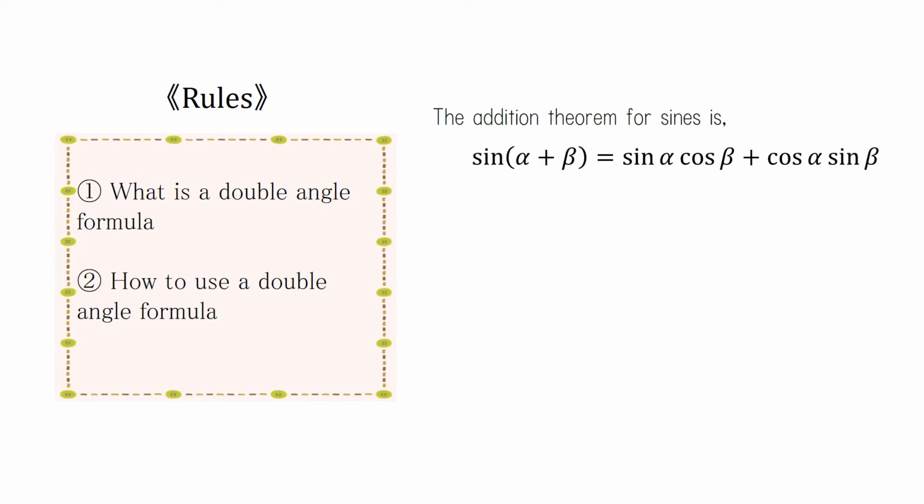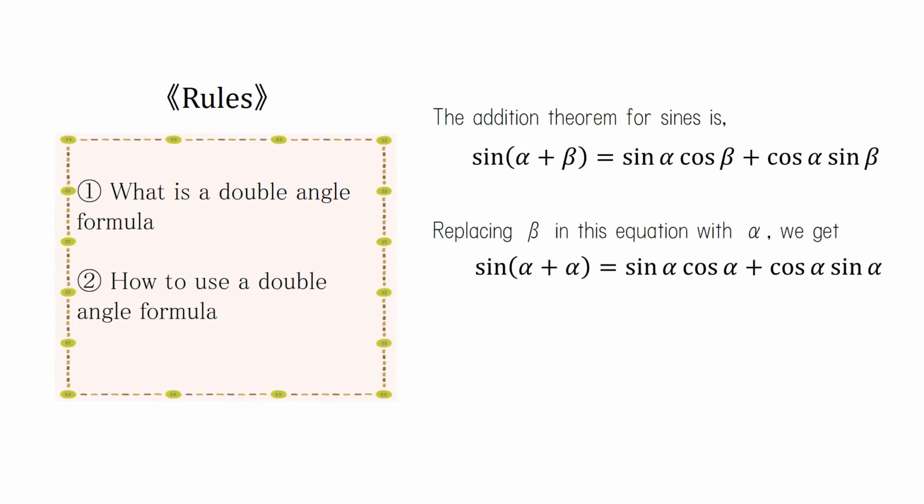The addition theorem for sines is sin(alpha plus theta) equals sin alpha cosine theta plus cosine alpha sine theta. Replacing theta in the equation with alpha, we get sin(alpha plus alpha) equals sin alpha cosine alpha plus cosine alpha sine alpha.